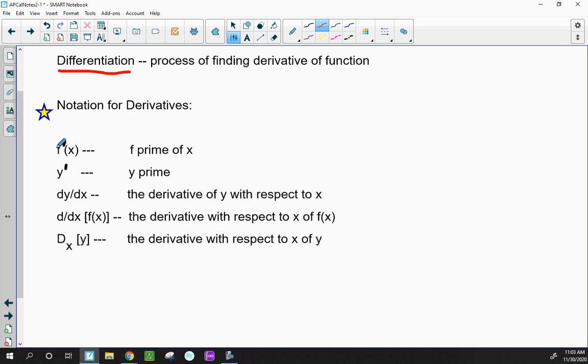There's different ways that our textbook writes down derivative notation. The first one is f, and this is just a little line above it, almost in an exponent position. F prime of x is how you say it. When you see this notation, they're just asking you to find a derivative. Y prime, sometimes they'll use f of x, sometimes y.